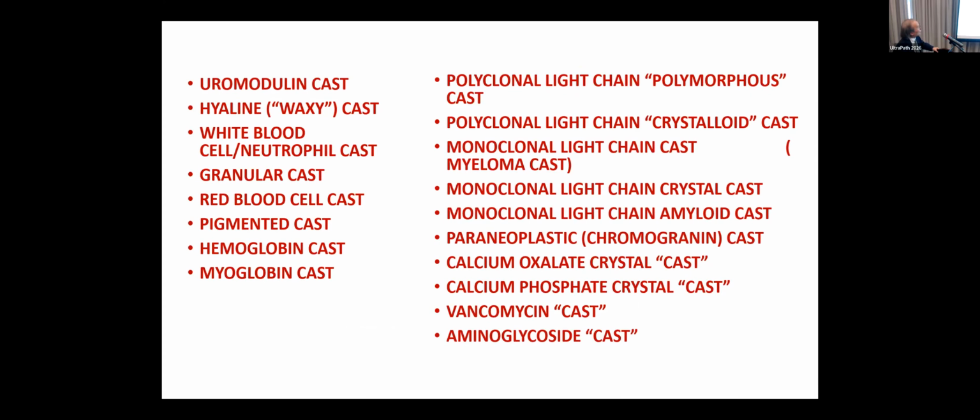So there are so many casts. I just wanted to show you basically the types of cast I will quickly go through, including uromodulin cast, white blood cell cast, bacterial cast, red blood cell cast, pigmented cast, hemoglobin cast, myoglobin cast. And then we'll also talk about somewhat unusual findings.